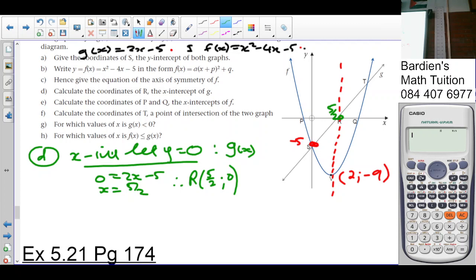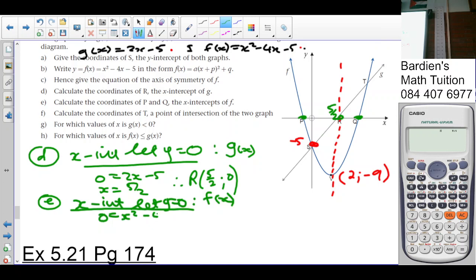That is D. Let's look at E. Calculate the coordinates of P and Q. What is P and what is Q? Those are the x-intercepts of the parabola. So let y equal to 0, belonging to the graph f of x. So we have 0 is equal to x squared minus 4x minus 5.